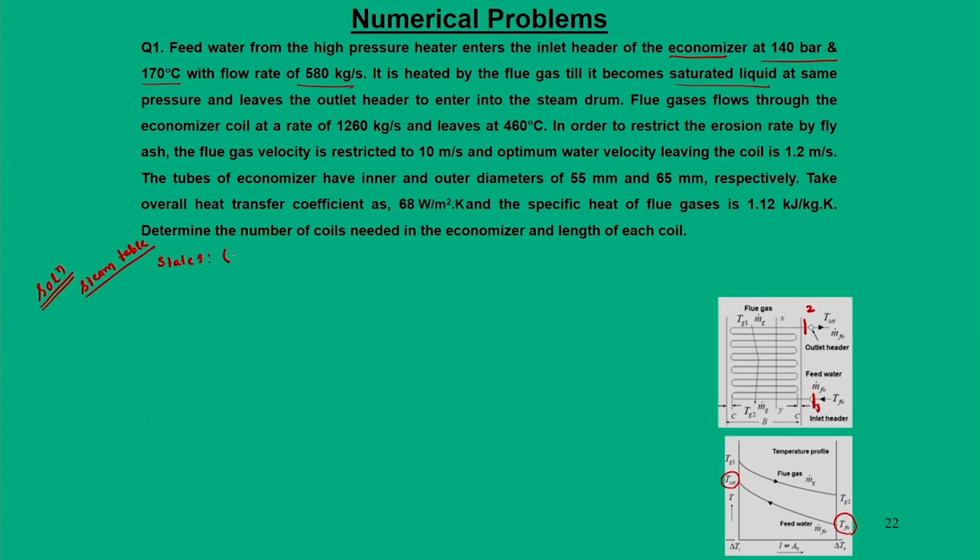The data is 140 bar, 170 degree centigrade, so it is high pressure feed water. For this thermodynamic state, from the steam table we can find H1 as 1571.1 kilojoule per kg. We also require the specific volume V1, 0.001611 meter cube per kg.